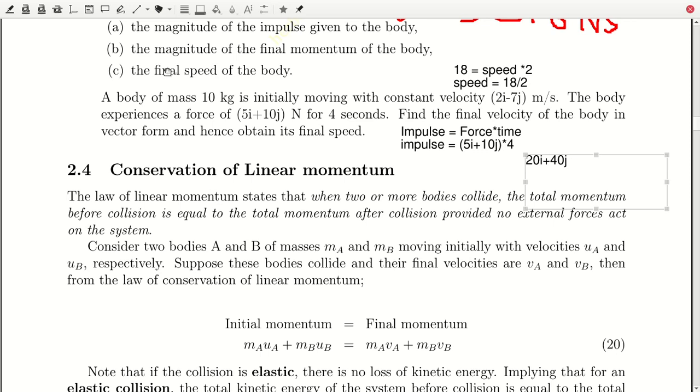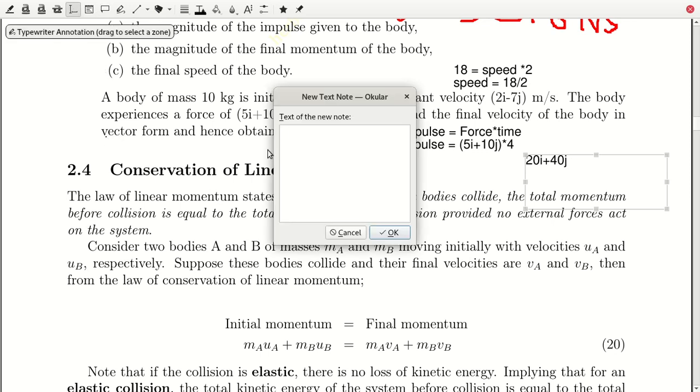So we know that impulse is the same as change in momentum. So it will be final momentum minus initial momentum.